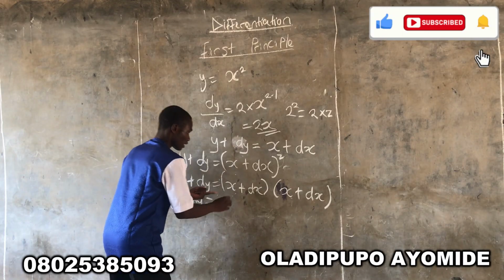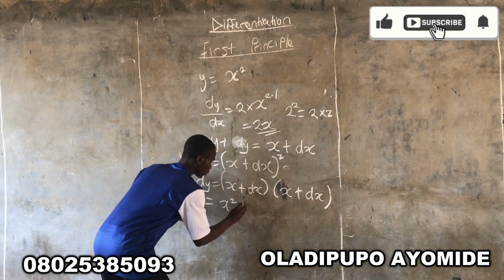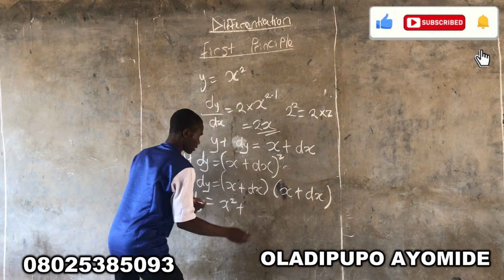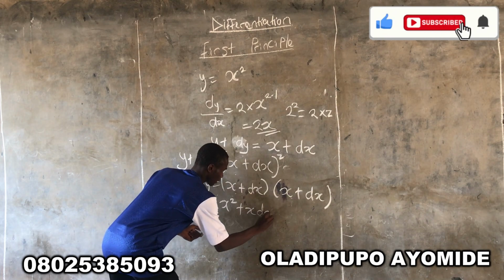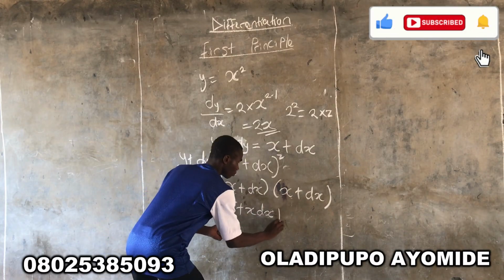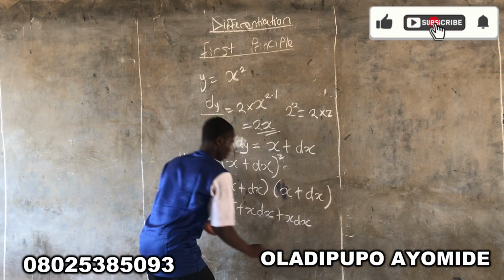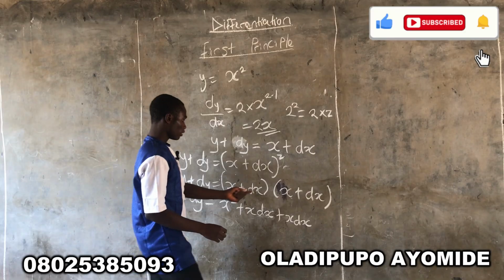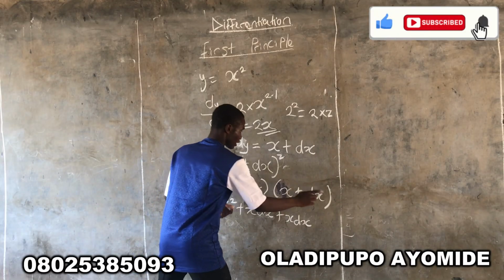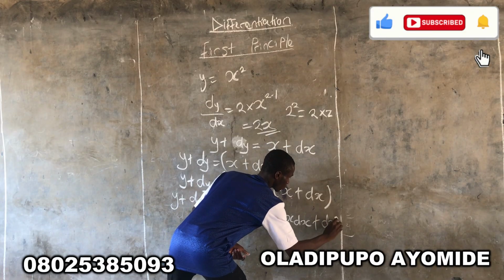Which is, x times x is x squared, plus x times dx is x dx, plus dx times x is x dx, plus dx times dx is dx squared.